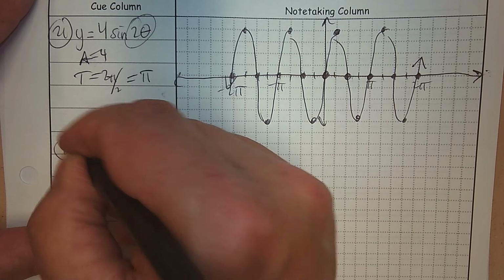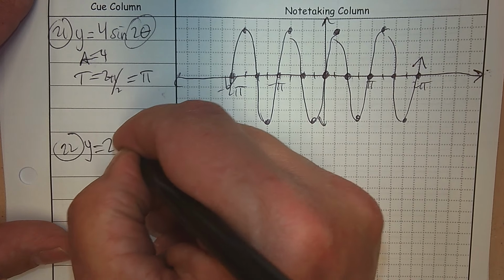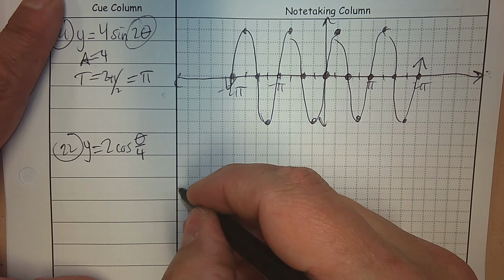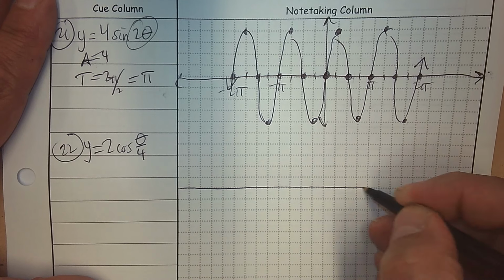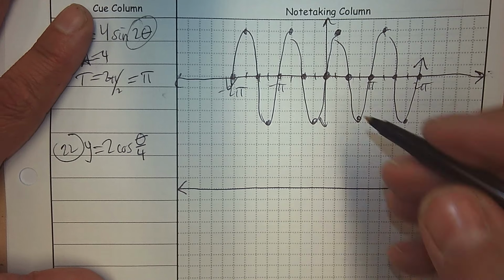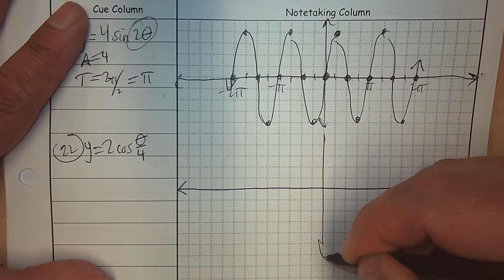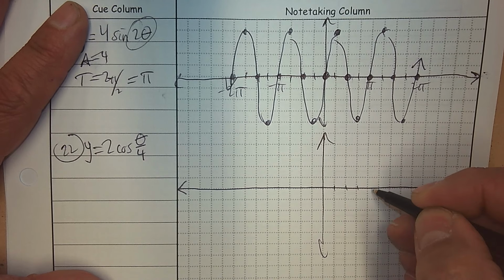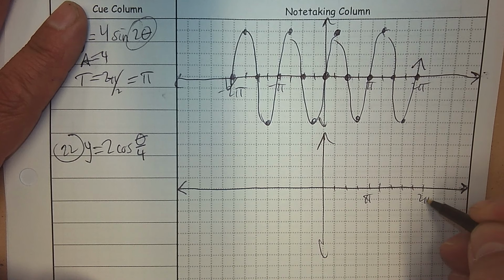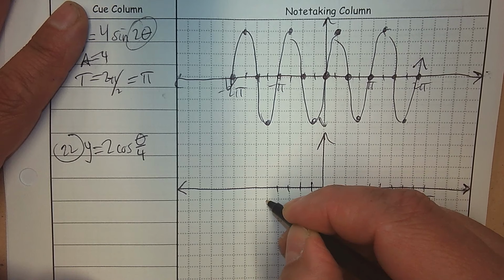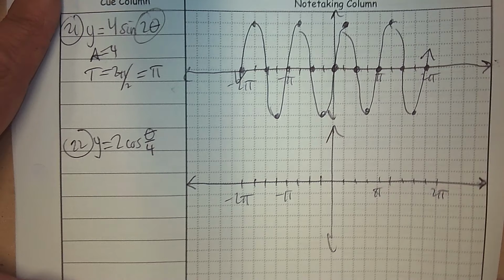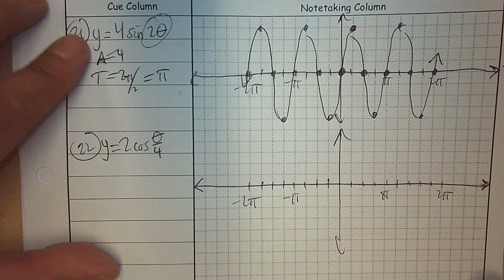22. Y equals 2 cosine theta divided by 4. We'll do it on the same scale so you can see what happens when the period is so long.